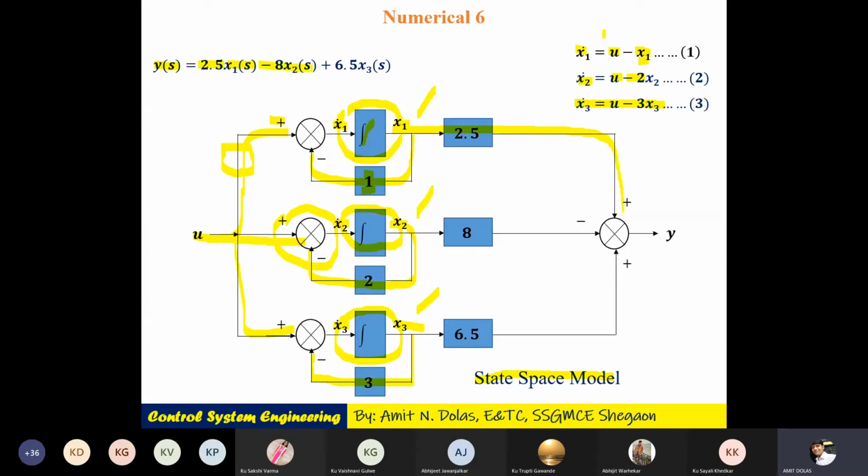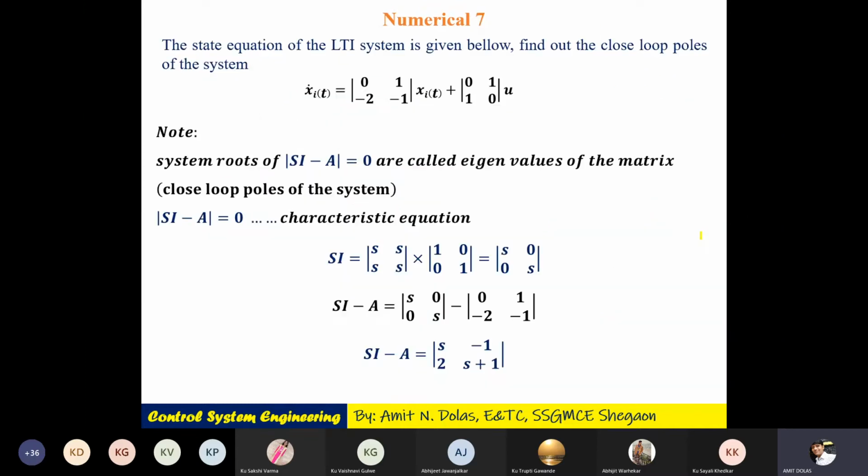Then minus 8 times x2: I'll have 8, but with a minus sign coming to the summing point. Then 6.5 with x3 with plus sign. Combining these three together, we get output y. This is how we can draw a state model. It is very easy.